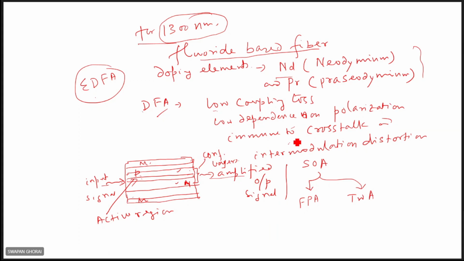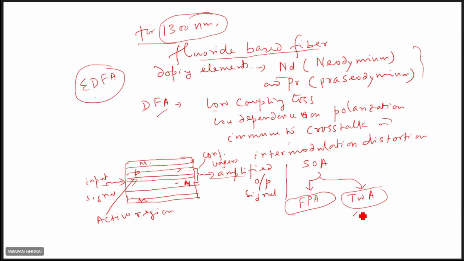And if you look at semiconductor amplifiers, again, they can be of two types. It can be Fabry-Perot type amplifiers, or it can be traveling wave amplifiers. The Fabry-Perot amplifier's configuration is very similar to a laser structure, but here there can be multiple reflections. In Fabry-Perot types, multiple reflections are there.